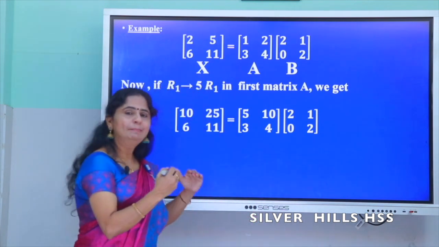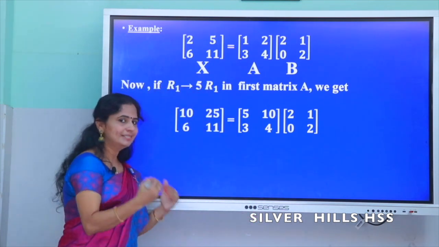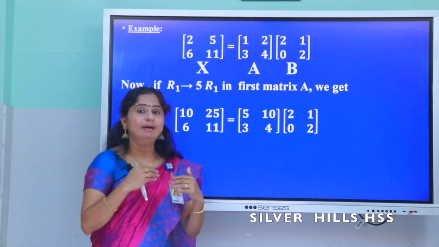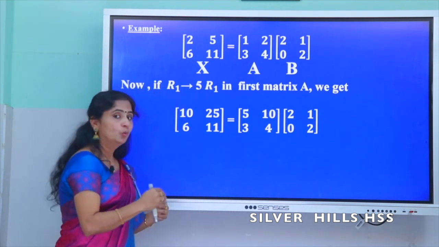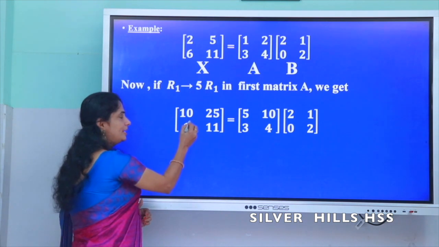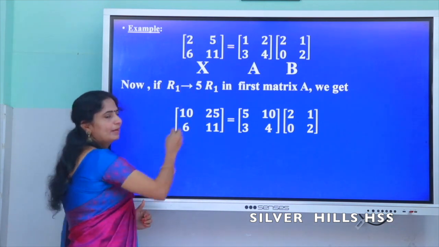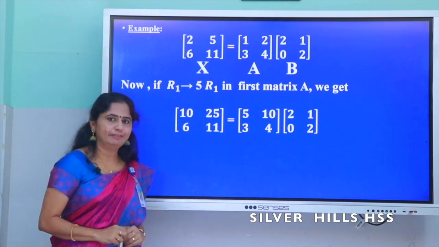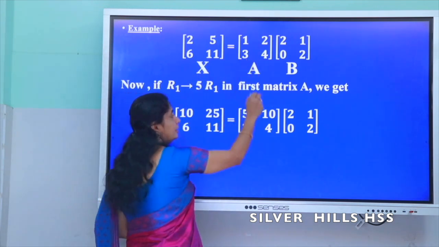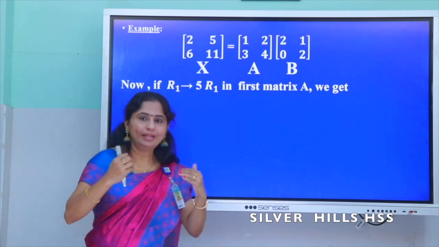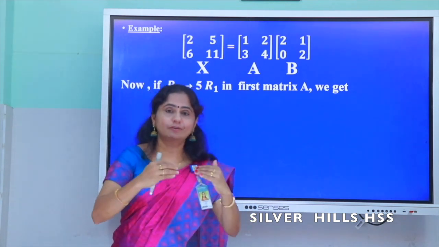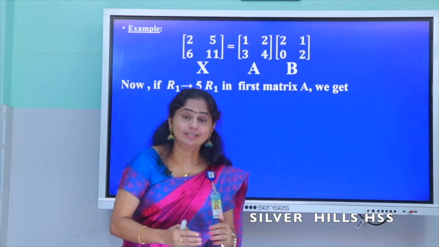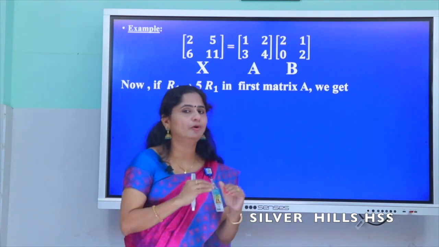Now let us compare these two. When the first row of the matrix is multiplied by 5, in the product also the first row is multiplied by 5. 5 2s are 10, 5 5s are 25. 5 1s are 5, 5 2s are 10. So when the change occurs in the first matrix A, the same change takes place in the product also.